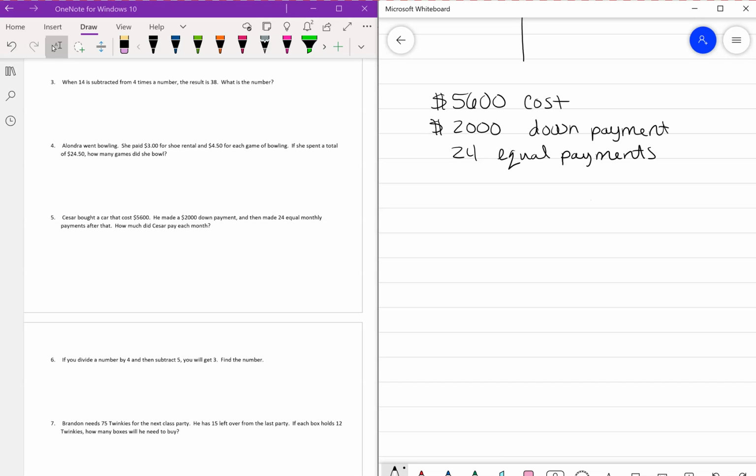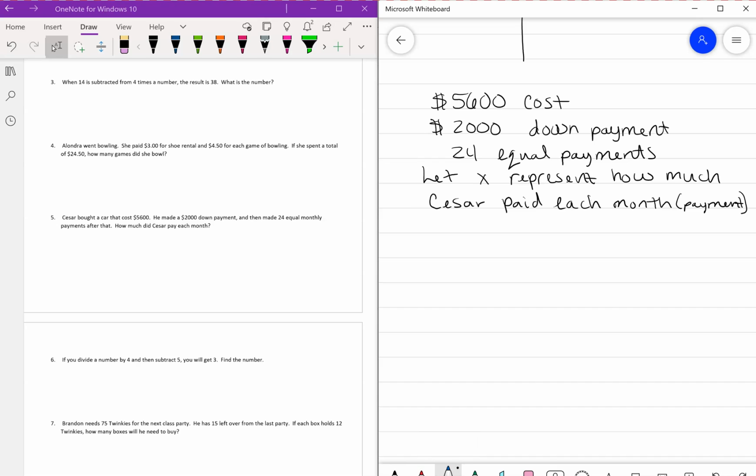So we're going to say let X represent how much Caesar paid each month. And you know when you pay each month that you're making a payment. So I'm going to put that in there in parentheses. So now let's solve.